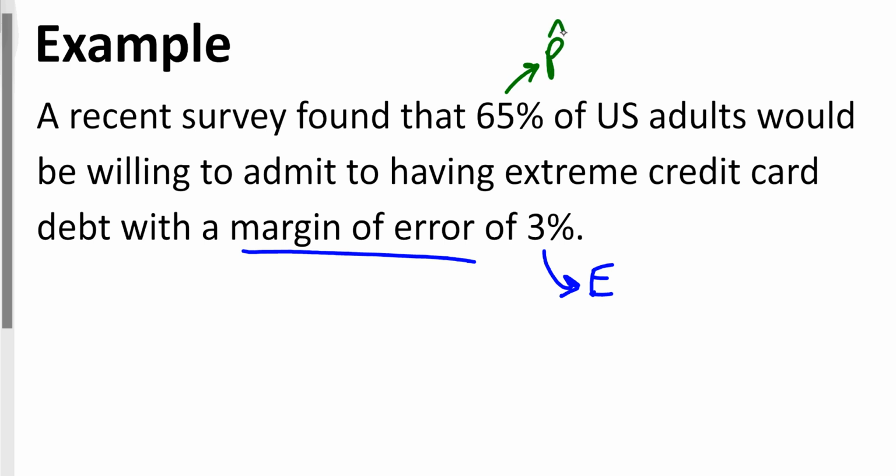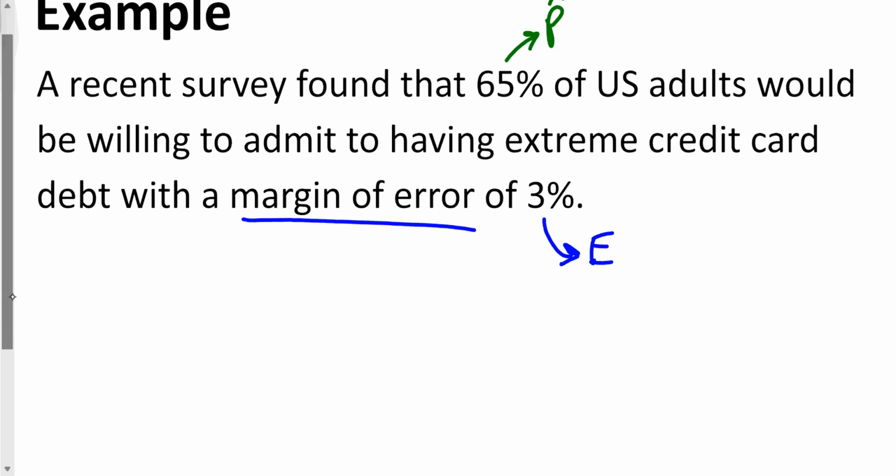It's from a survey, so it's a statistic. And we can build our confidence interval based off of that. We would say 0.65 plus or minus 0.03, meaning our interval would be from 0.62 to 0.68.